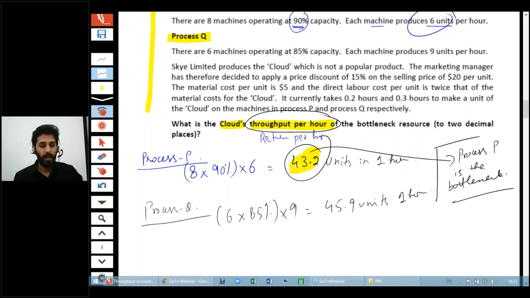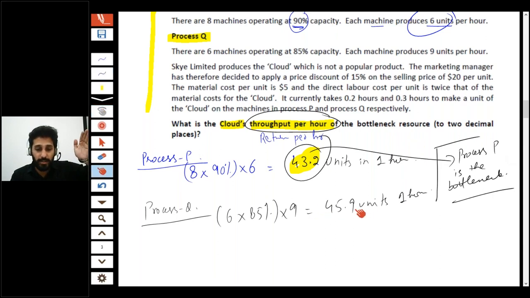Now see that 43.2 units are produced in process P. They are being transferred to process Q, and process Q has got the ability for 45.9 units.